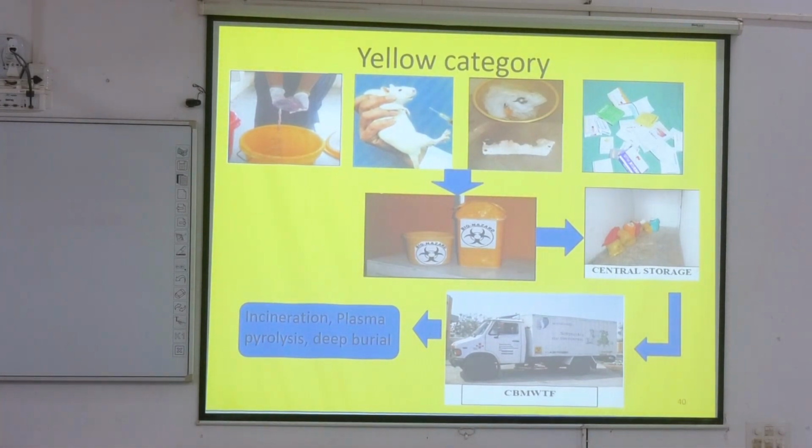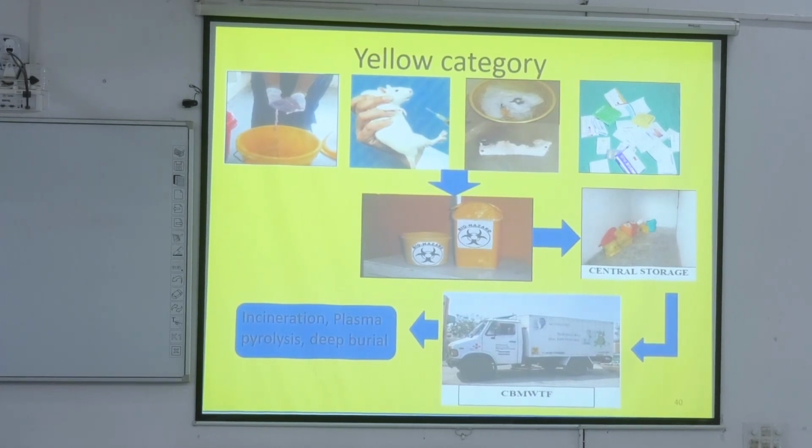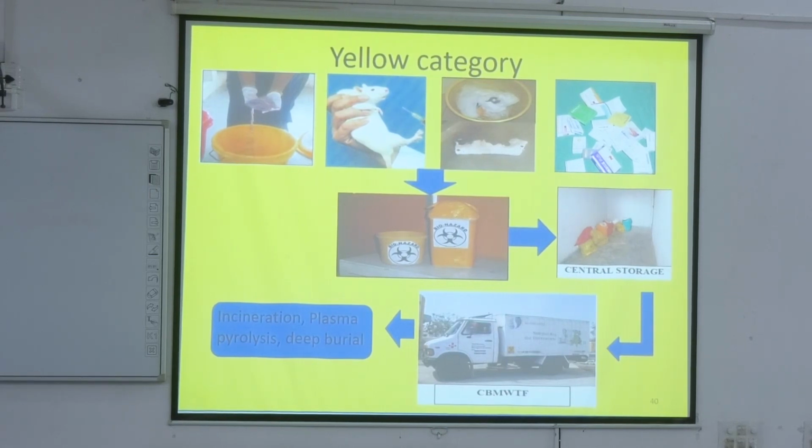In the yellow category, any animal or human body parts you can discard, and even some pharmaceutical waste also, and you have to store it separately. If it is an anatomical waste, you have to store it in a different yellow color container. If it is cytotoxic or genotoxic, you have to store it in a different yellow color container.